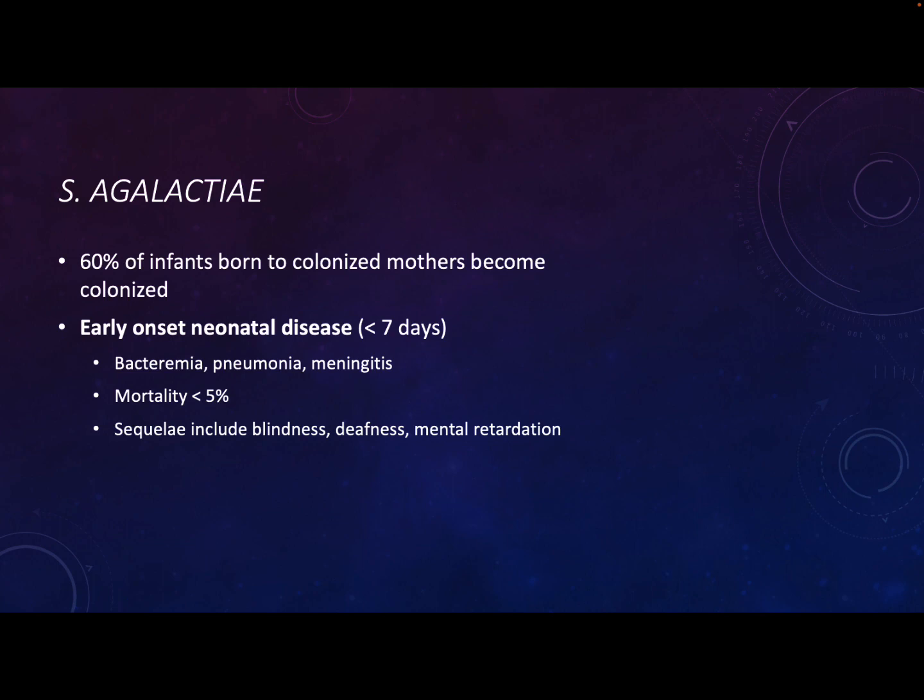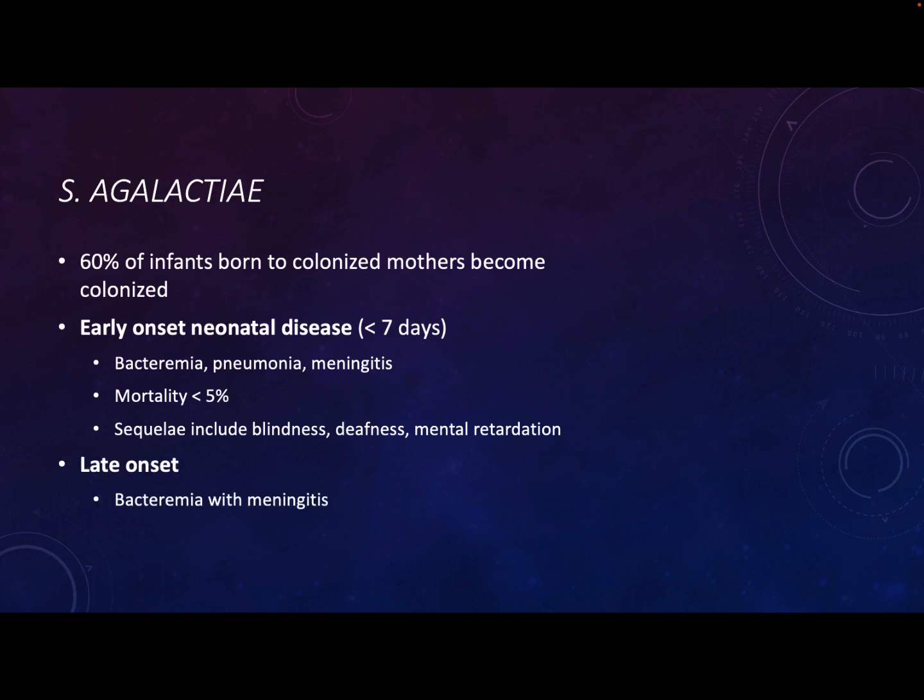We may have a good proportion that live. I know it sounds like, well, 5%, that's not great, but 95% live. But especially if they've developed meningitis, that can lead to neurological complications, including blindness, deafness, developmental delays, etc.